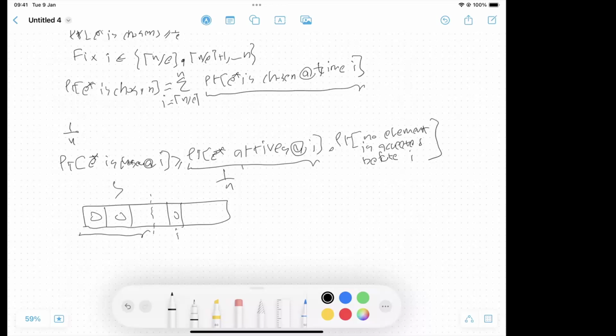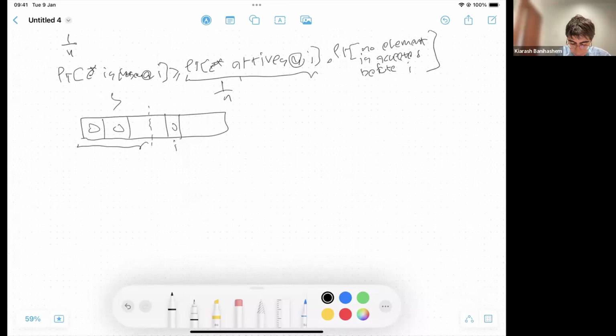Sounds good. Okay, so how do I bound this probability?